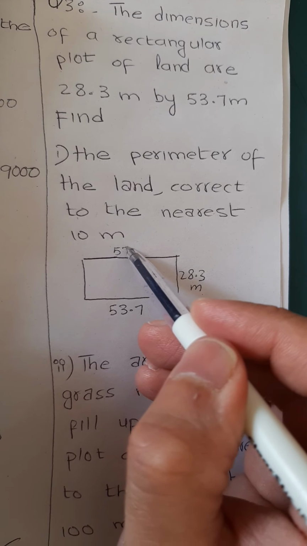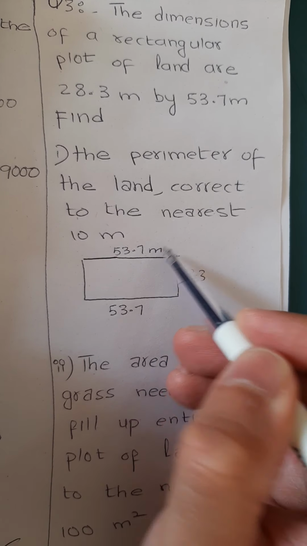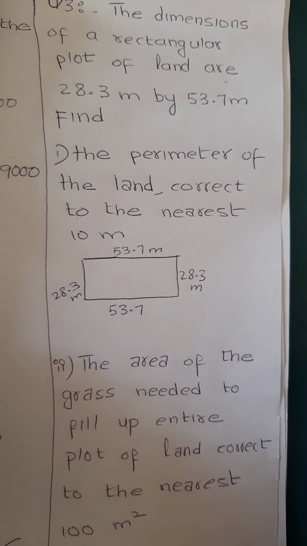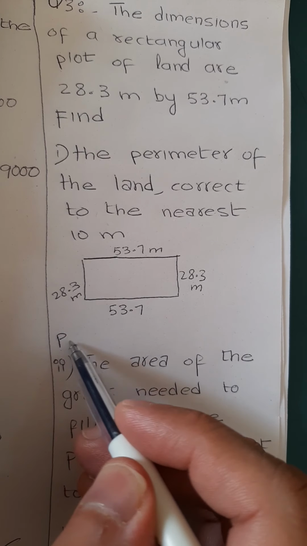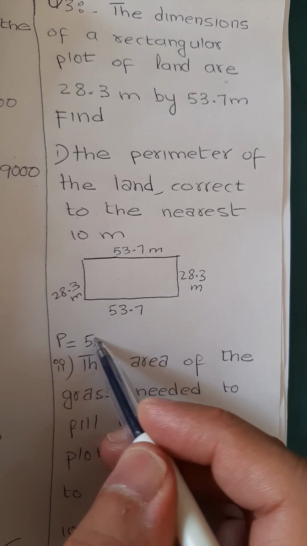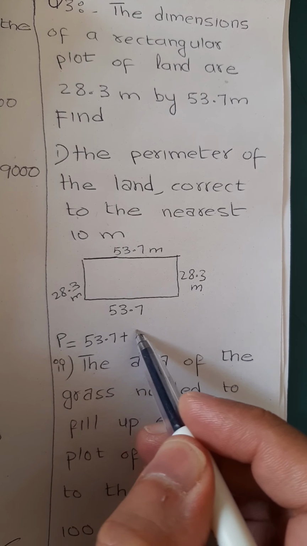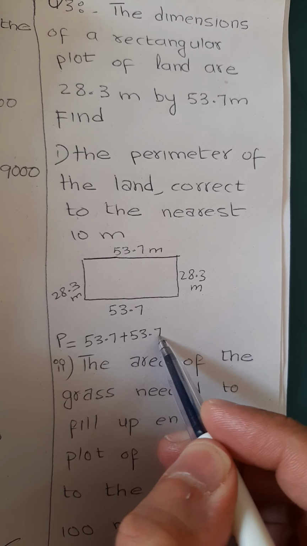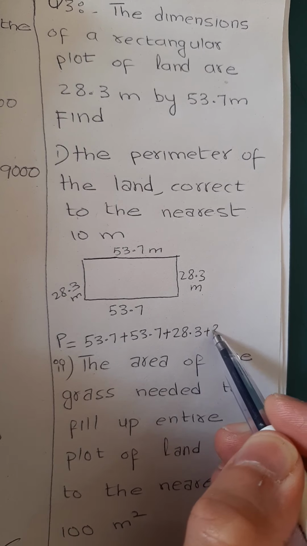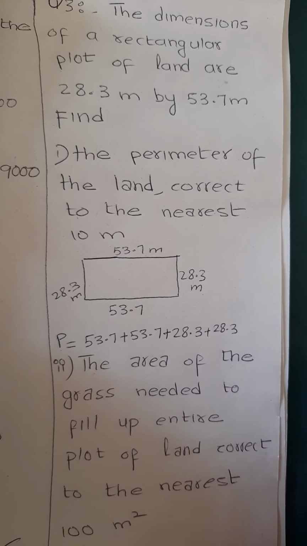So this must be 53.7 meter and this must be 28.3 meter. The perimeter is to add all the lengths, all the boundary, that is 53.7 plus 53.7 plus 28.3 plus 28.3.